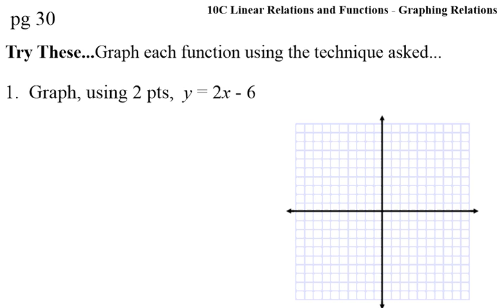So, page 30, a couple more examples. Graph each function using the technique asked for. Here we go. It says graph using 2 points. So if we have y equals 2x minus 6, I need 2 points. I need 2 x's that I can use as my independent values to get my y's. I wouldn't use like x1 and x2.